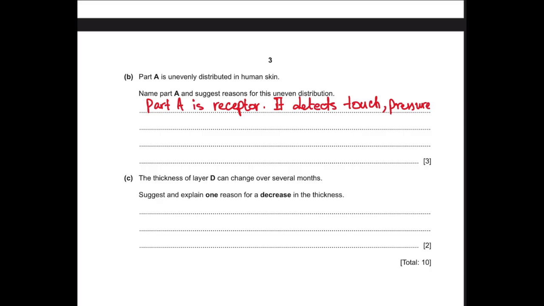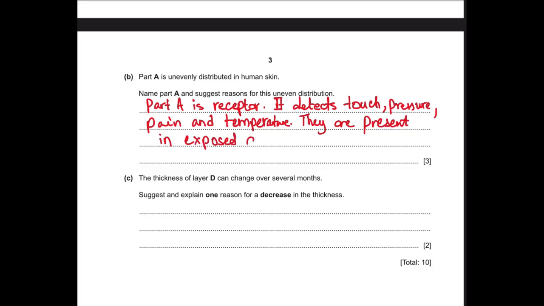It is unevenly distributed because it is present more in exposed areas that need more sensitivity.